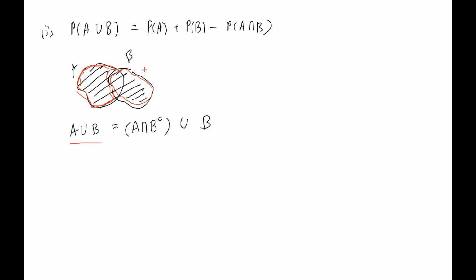This piece is basically your A, intersect the part that is not B. So all these parts are your B complement, not inside B. So when it intersects, it gives you this part of A that doesn't contain B. And therefore, when you do this, you have this, right?